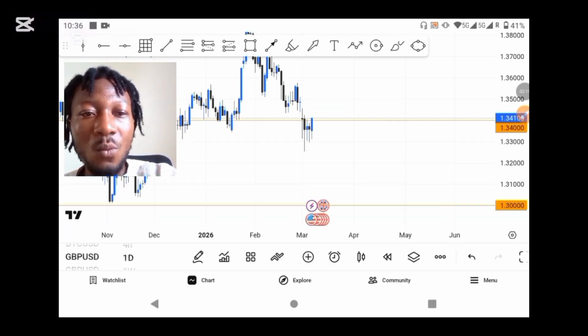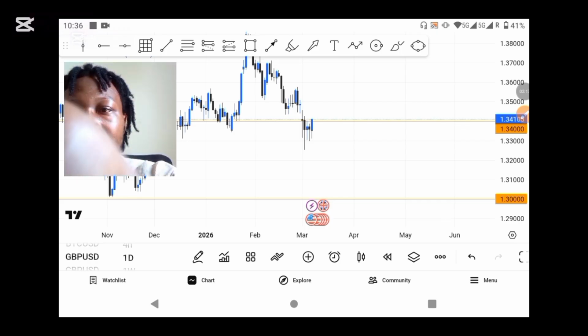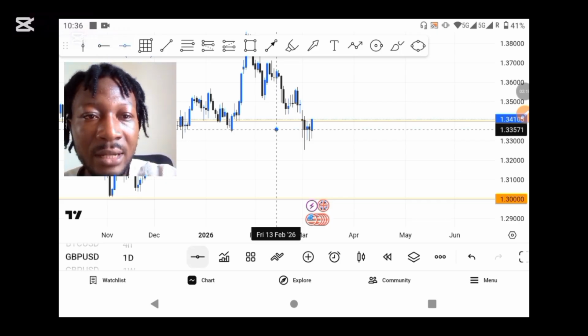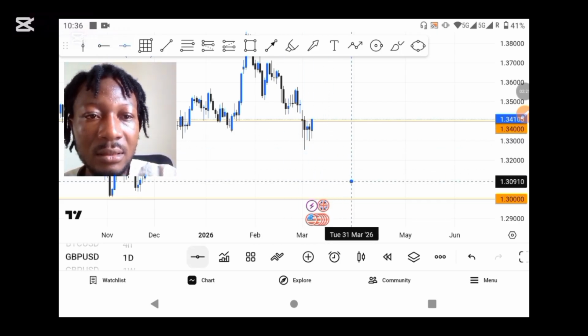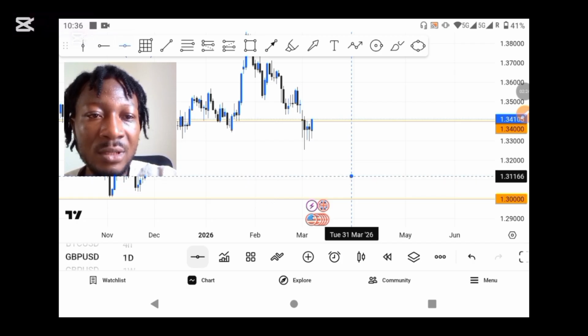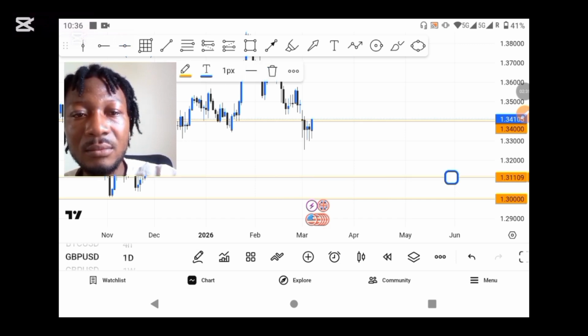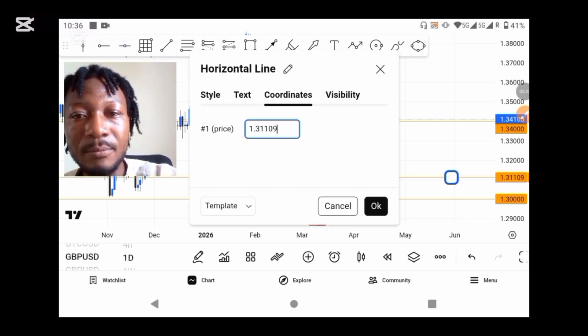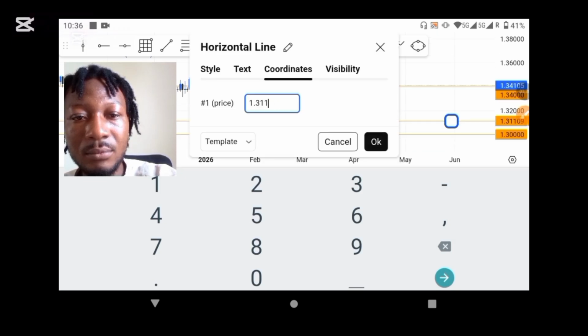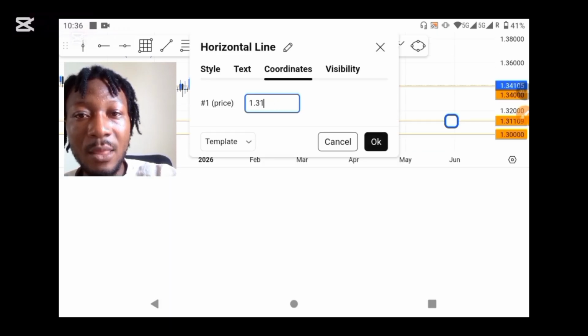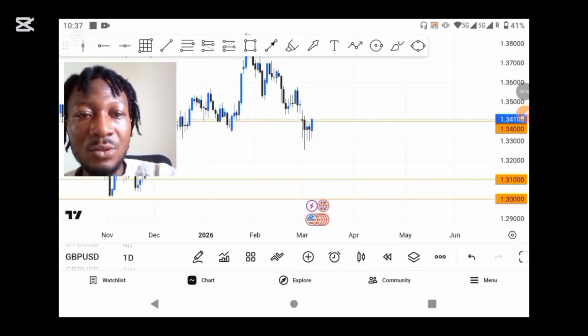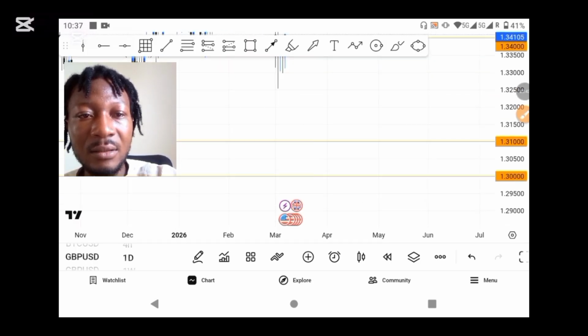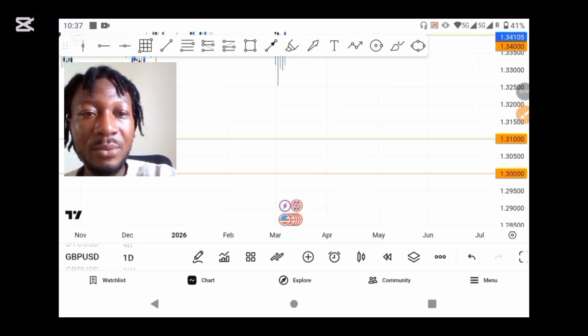So between 1.3000 and 1.3100 is 100 pips. So this distance between 1.3000 and 1.3100 is 100 pips.